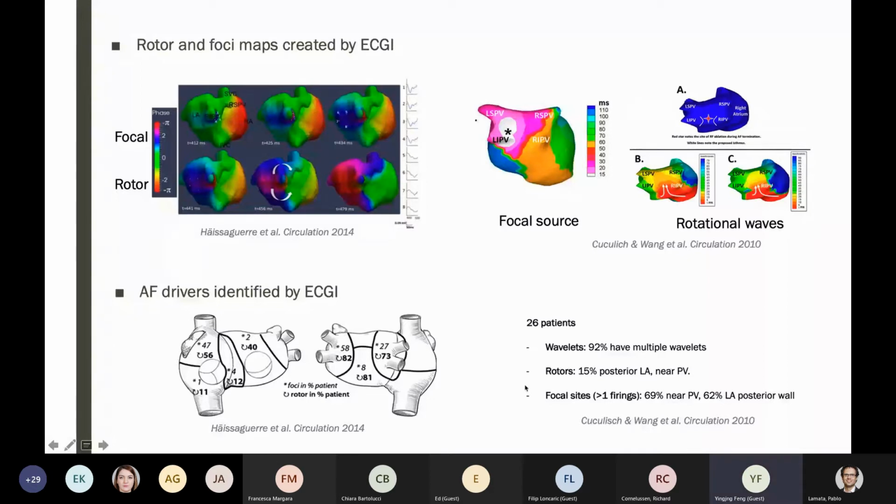The Cuculich team also found that there are more sorts of drivers than rotors, such as wavelets. They also found focal sites can be outside of the PV, such as the LA posterior wall.